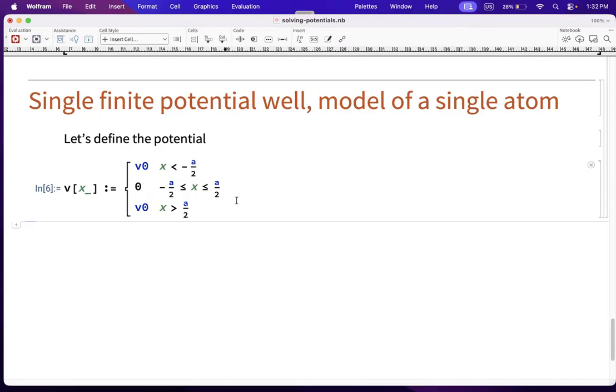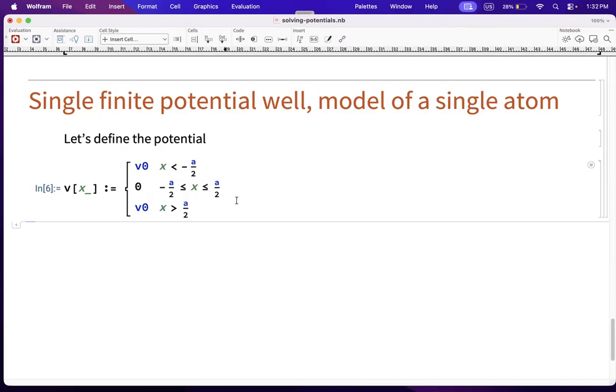So I repeat: if we use atomic units, H bar becomes 1, the mass of the electron becomes 1, the positions will be measured in Bohr. Remember, 1 Bohr is 0.53 angstroms, and consequently the energy will be in Hartrees.